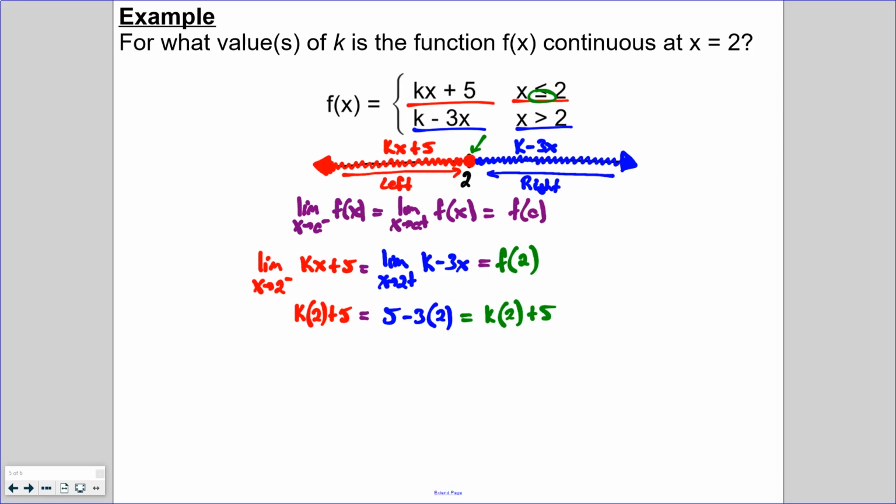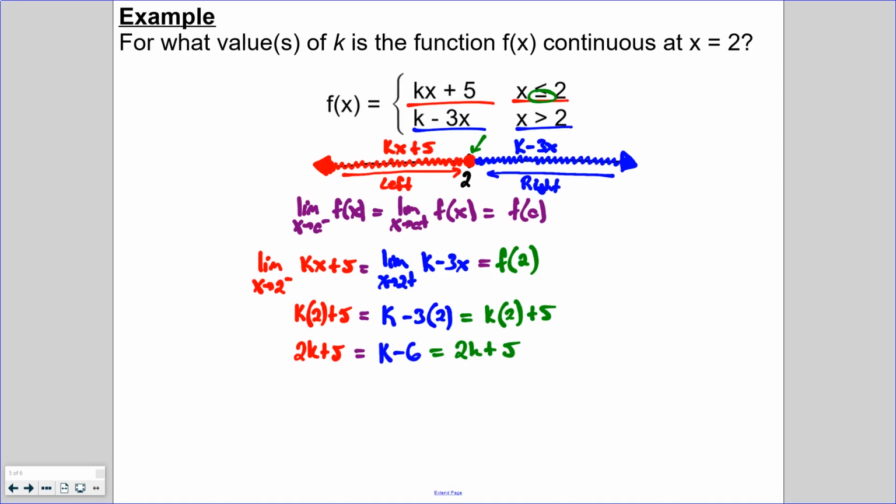And I need to go back a second. I said k, but I accidentally wrote 5 here. So let's make that quick change. Alright, so then we can start simplifying everything down. So we're going to get 2k plus 5 is equal to k minus 6, which is equal to 2k plus 5.